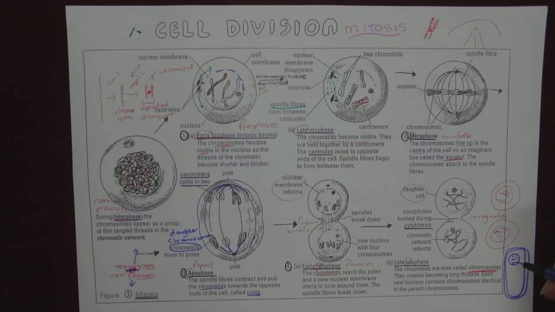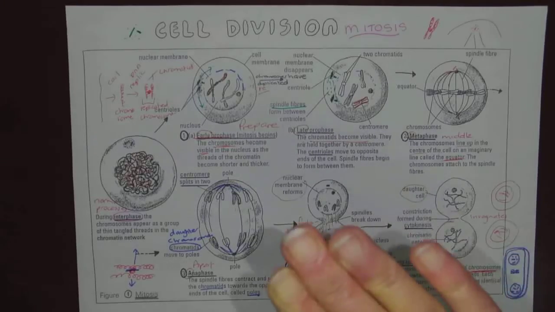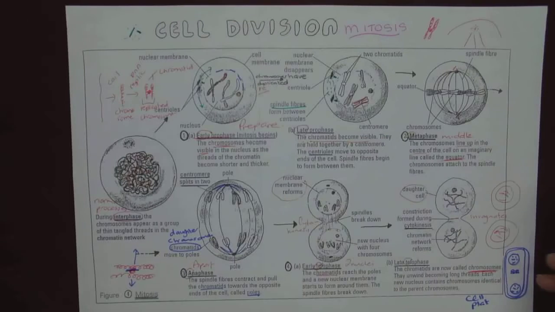Let's try and draw the chromosomes, nucleus, etc. What happens is cellulose gets deposited along the center, and we call it a cell plate. That cell plate grows from the middle outwards towards the edges of the cell. So eventually you get a cell plate growing across the whole cell.